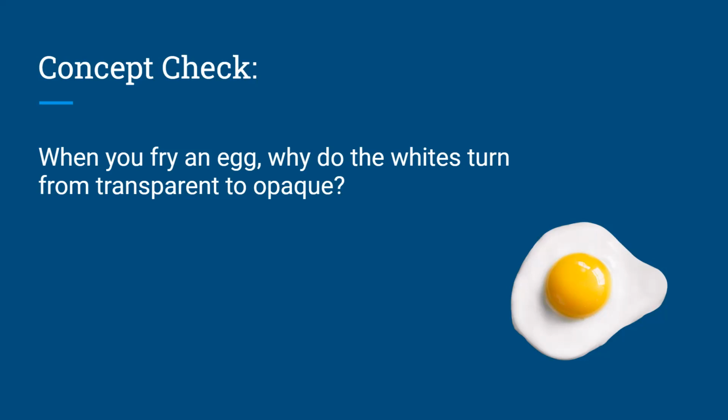Because it's getting hotter, the proteins are unfolding and the hydrophobic parts are aggregating. That was really good. Brilliant. So chat, if you didn't hear, when you put an egg on a frying pan and turn up the heat, you're increasing the kinetic energy, and that's going to cause your bonds to break.